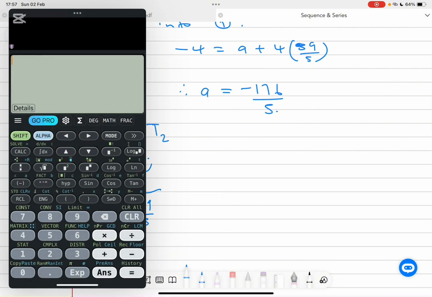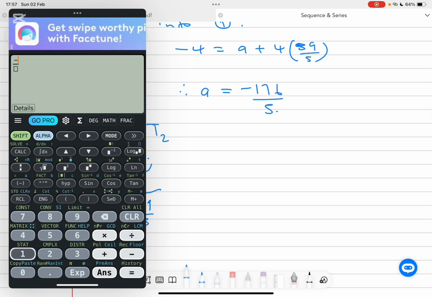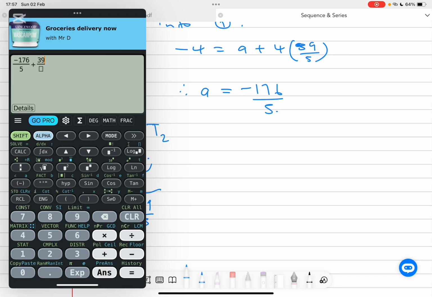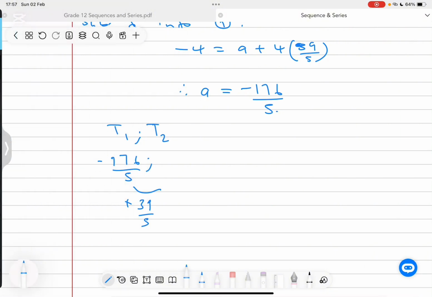So this would mean that I'm having here negative 176 over 5, and I'm adding to it the common difference of 39 over 5. And this actually gives me negative 137 over 5.